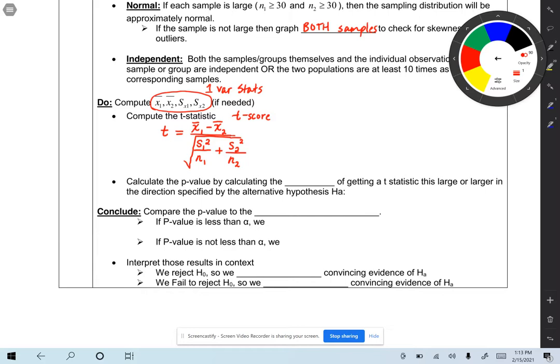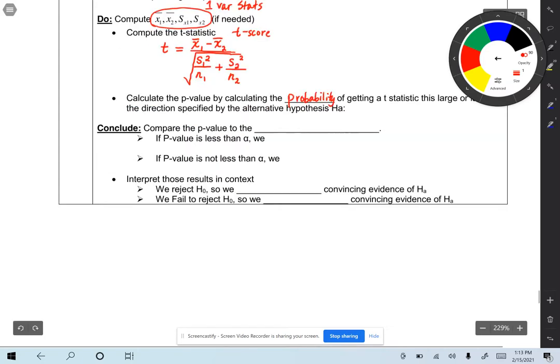Then you're going to calculate the p-value based on getting a probability of that value of t. So calculate the p-value by calculating the probability of getting a t-statistic this large or larger in the direction specified by the alternative hypothesis, HA.